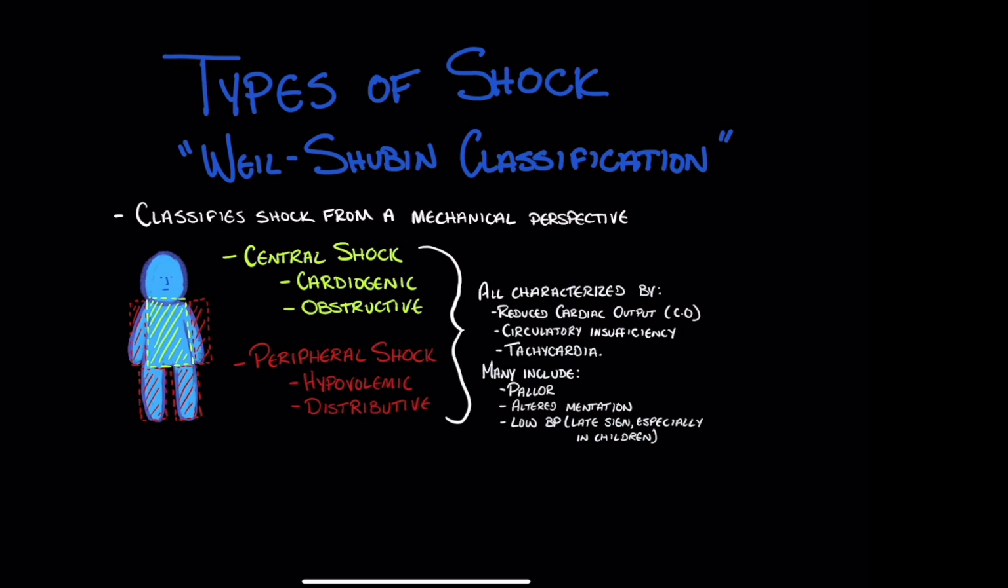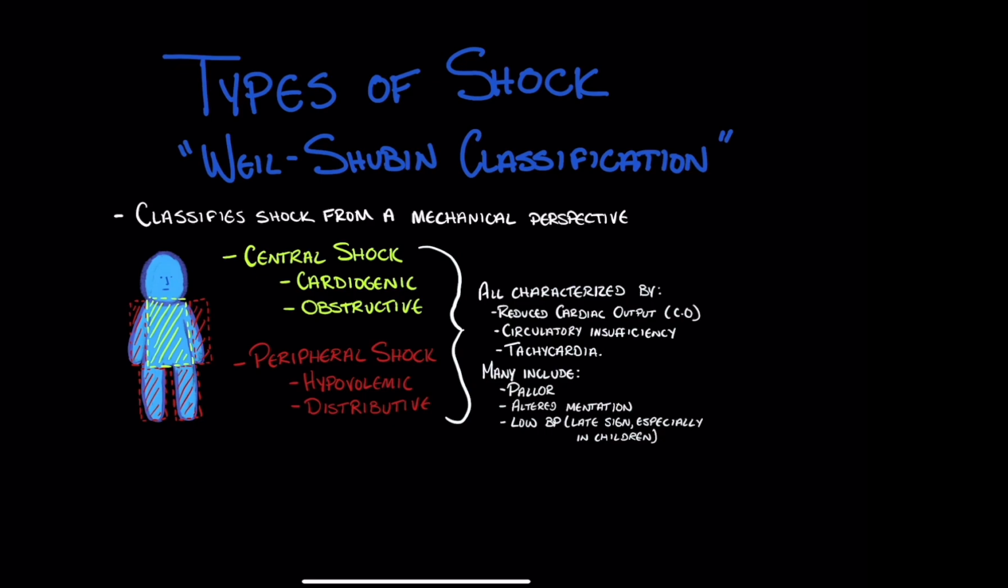So we're going to start by using what's called a Weil-Shubin classification. I've never really heard it called that, but basically we're looking at shock from a mechanical perspective. What is the underlying cause of shock?